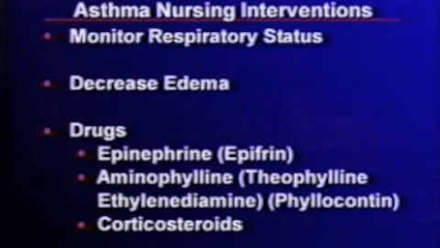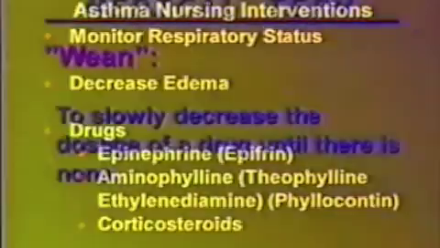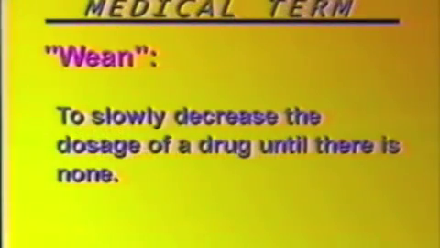Sometimes they are on larger doses, and they do need to be weaned off. The word weaned means to slowly decrease the dosage of the drug until they're taking none. For example, if I were to be given 5 milligrams 3 times a day of Solumedrol, then I would give 3 milligrams for 3 days and then 2 milligrams and so forth until I'm given none.